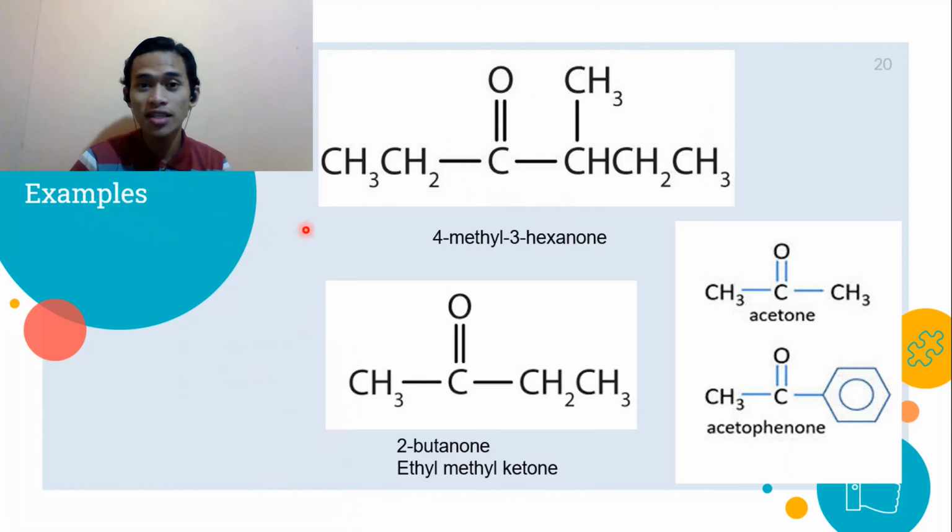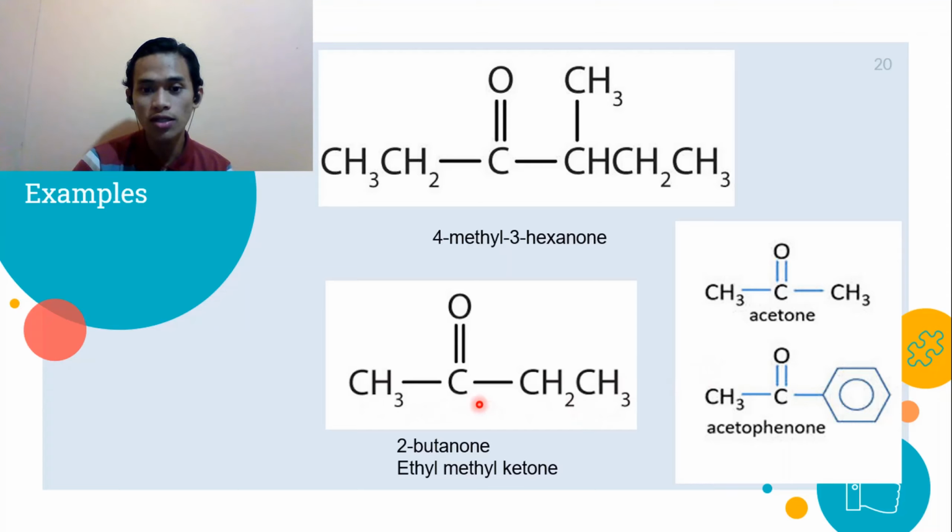Examples of some ketones. First, 4-methyl-3-hexanone. Second, 2-butanone or ethyl methyl ketone. This is 2-butanone because if we start numbering from the left, it's 1, 2, and if we start from the right, 1, 2, 3.